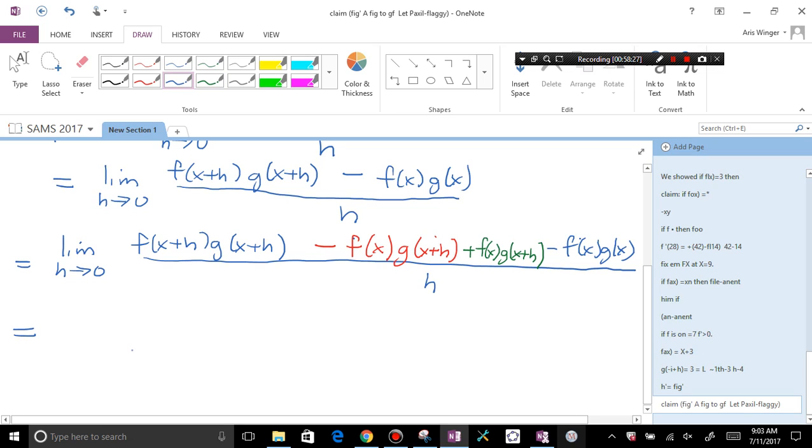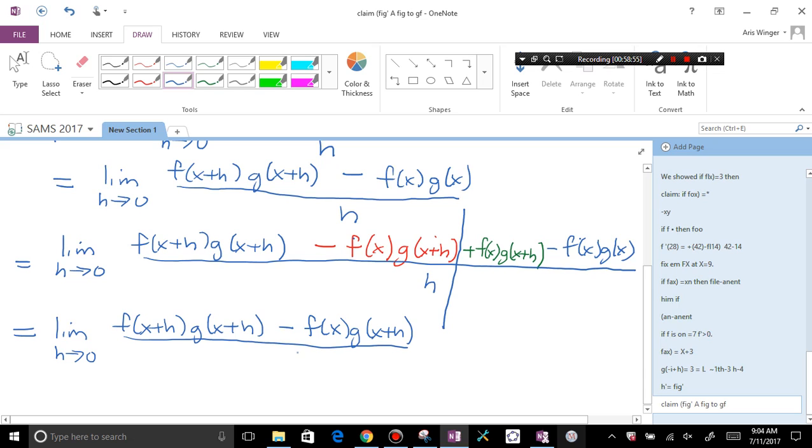So now what I'm going to do is split these in half. This is equal to the limit as H tends to 0 of F of X plus H times G of X plus H, and now I'll bring the red part over here with this, divide that off, and then I'm going to put this green part over here with this.